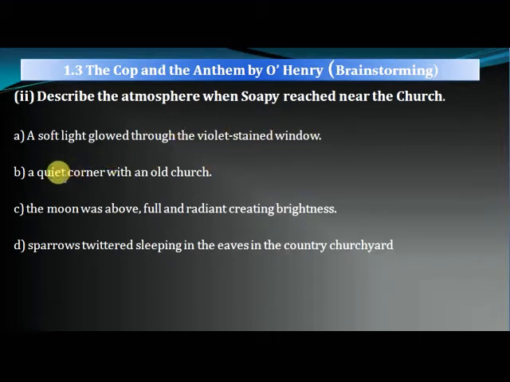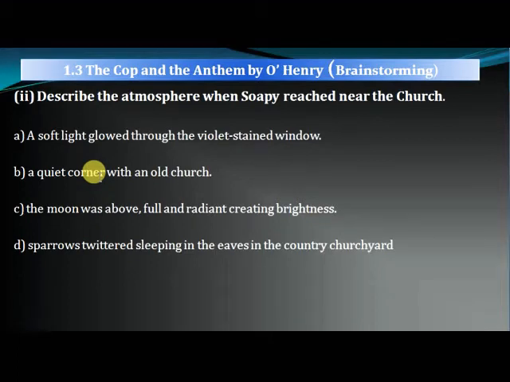A quiet corner with an old church, then the moon was above, full and radiant, creating brightness, and then sparrows twittered, sleeping in the eaves in the country churchyard. So there were a lot of things going on while he entered that particular place where the church was.